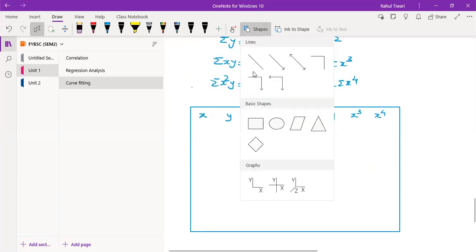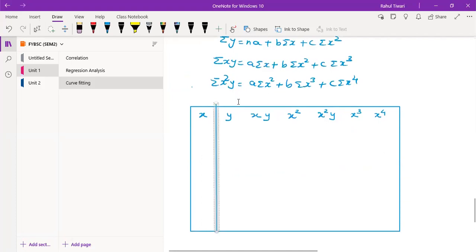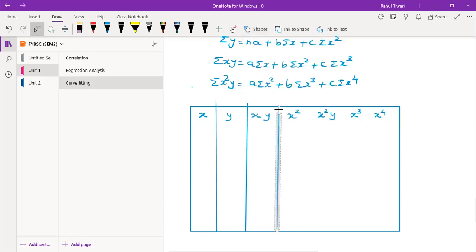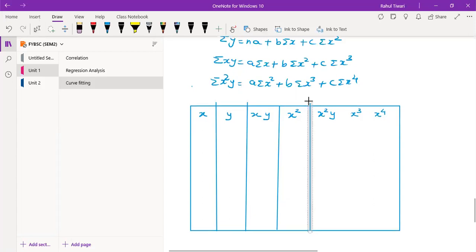Once we have this data, you can simply find these entries, just calculate these values and do these calculations.